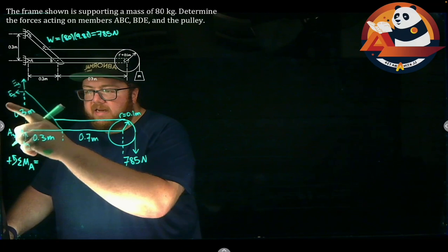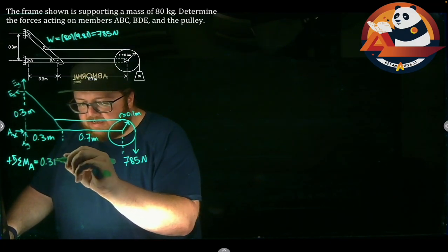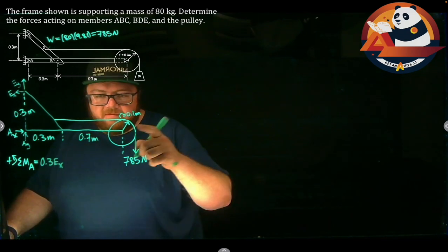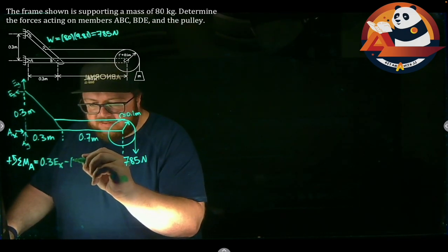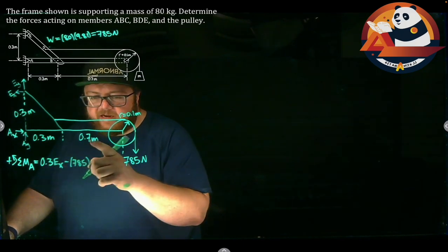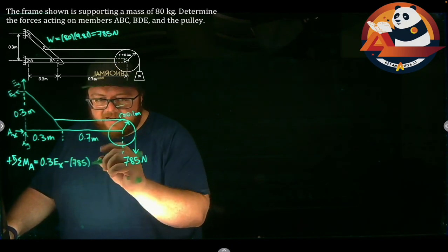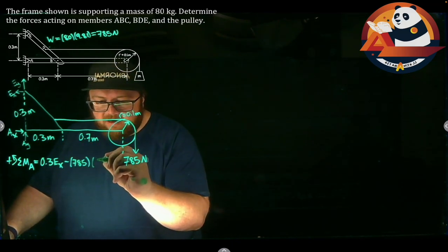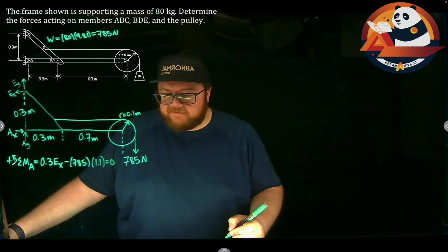My EX is 0.3 meters, so 0.3 EX. My weight will cause it clockwise, so minus. My force is 785. And my distance is 0.3 plus 0.7. That gets me to the center of the pulley. I need to add in the radius, so times 1.1 equals 0.